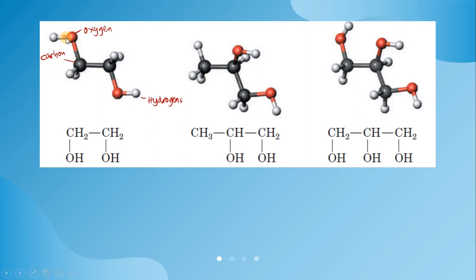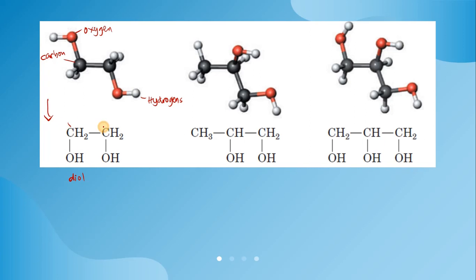So look at the first structure, two carbons. This is the simple form, written in a structural formula. So CH2, CH2. The OH is written below, but here it's alternate. So you have two OH. This is a diol. How do we name this?